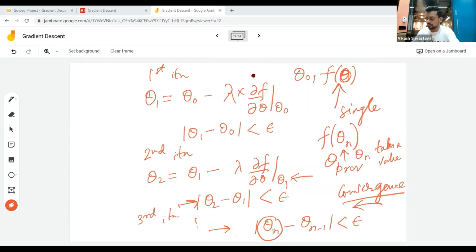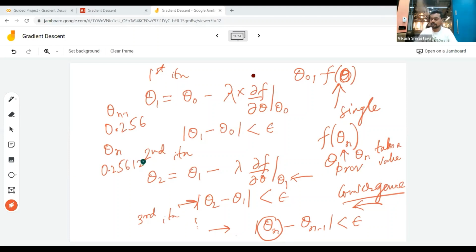So let's say theta n minus 1 is 0.256, and for the new theta n you get something very close to it, something like this, right?